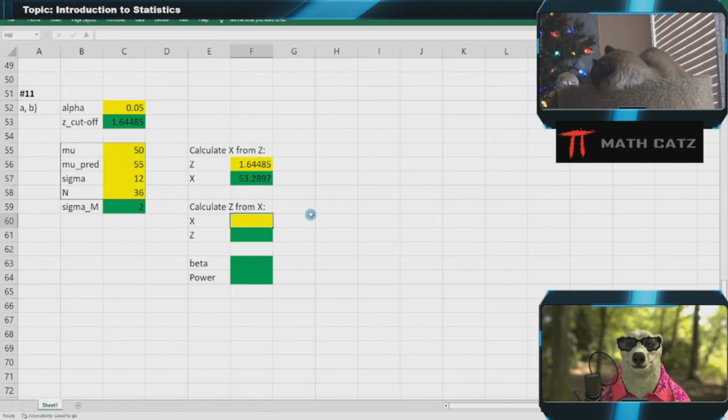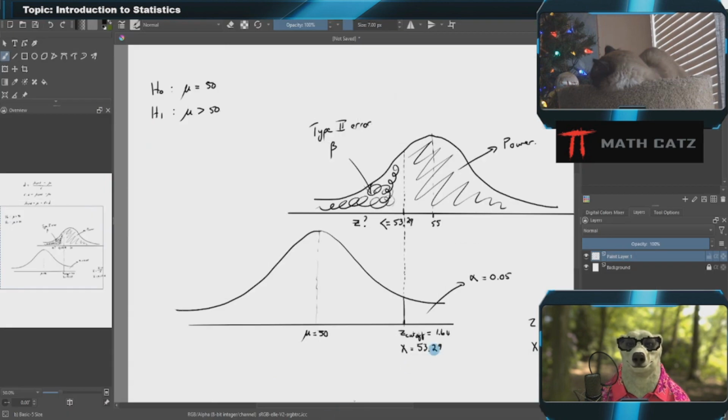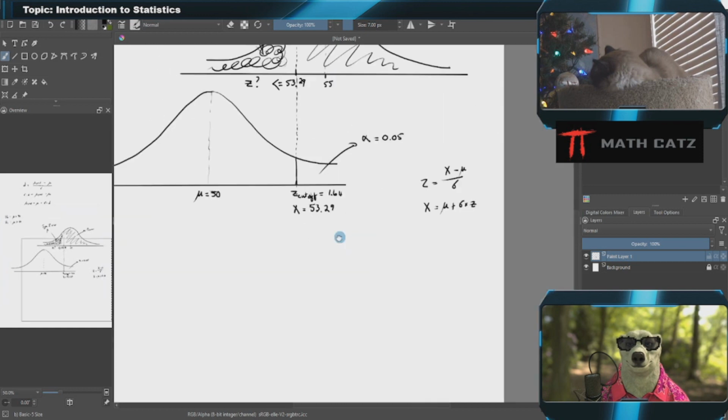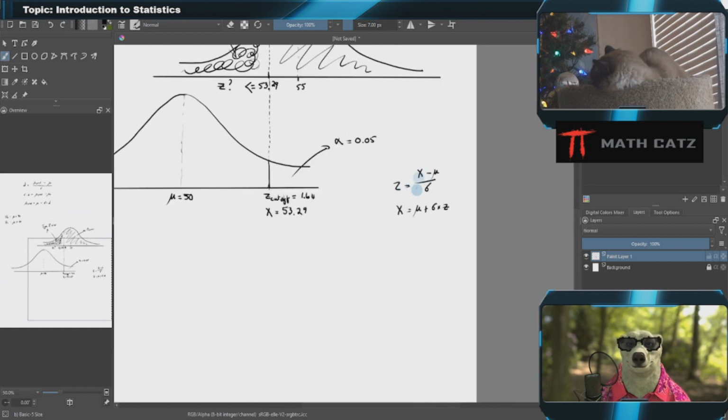So now I have this 53.2897 as the input, and I'm using this predicted mean for the top distribution to calculate the z-score. Now remember, we did it over here. We showed those two formulas over here.